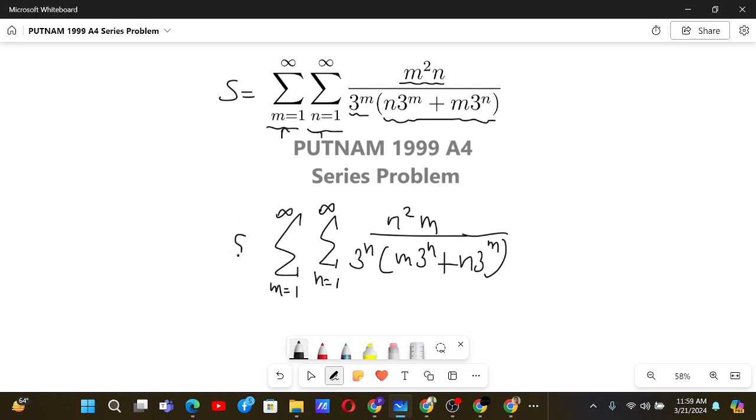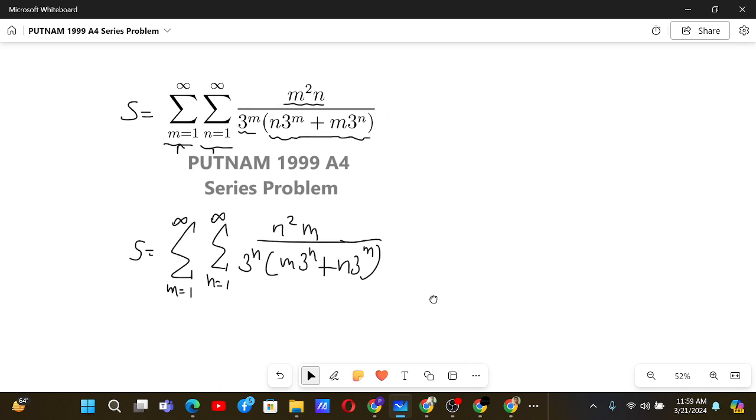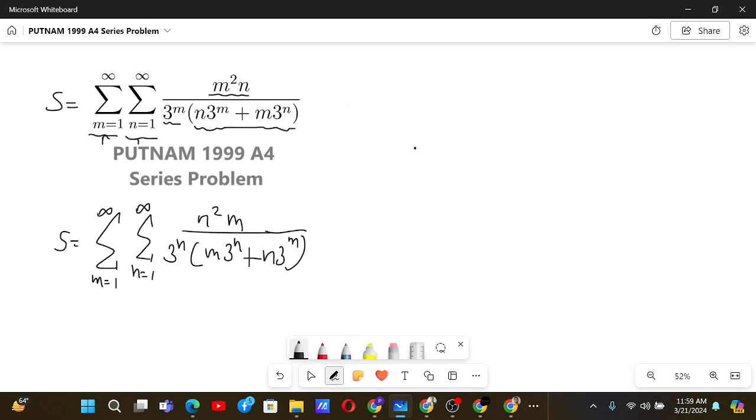Now if we try to sum them up and see what's going to happen, we are going to be surprised, just like me. So 2s will now be the sum from m equals 1 to infinity, sum from n equals 1 to infinity.